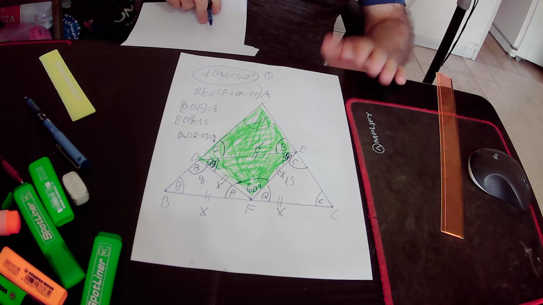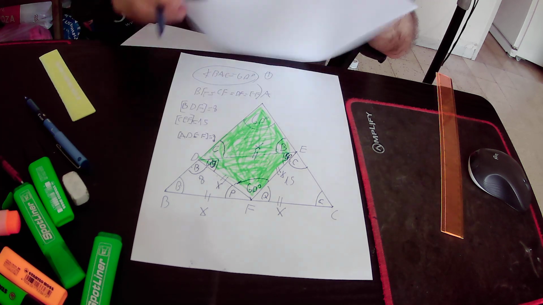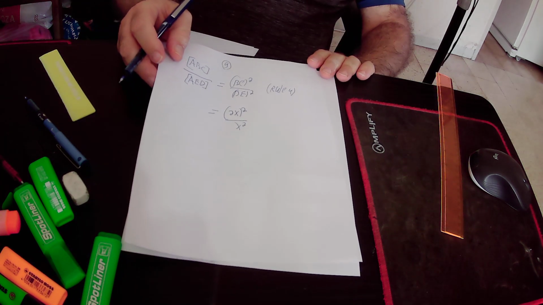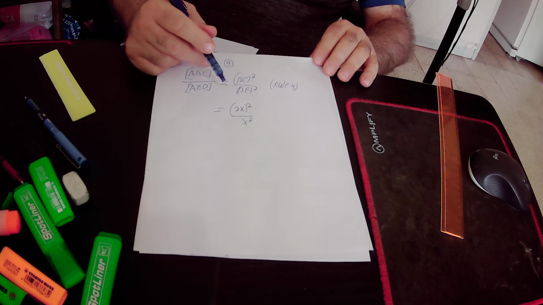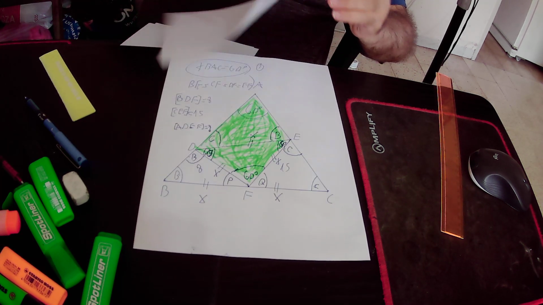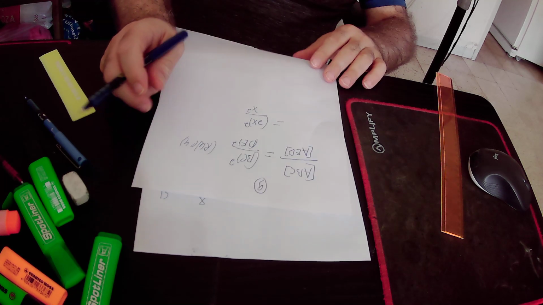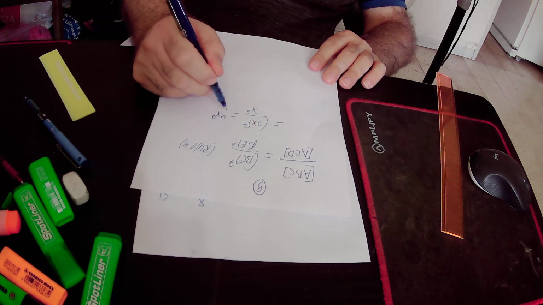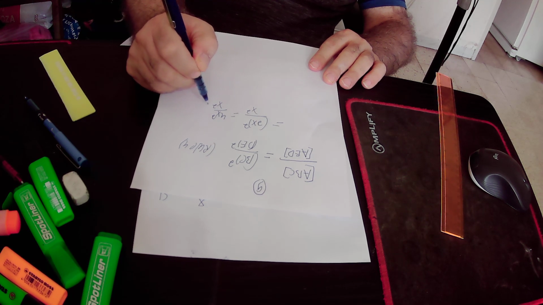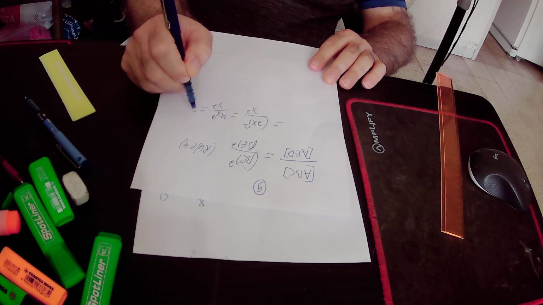So in total we got that BC square over DE square equals 2x square over x square. 2x square equals 4x square, so 4x square over x square. X square over x square is 1, so we are left only with 4.